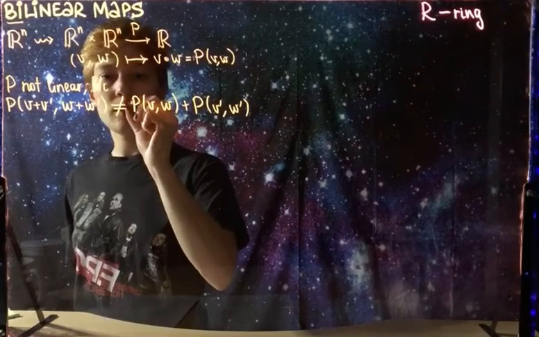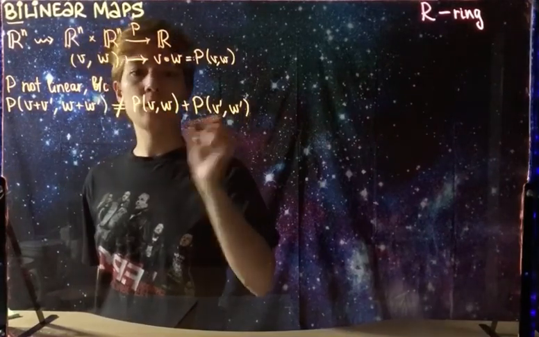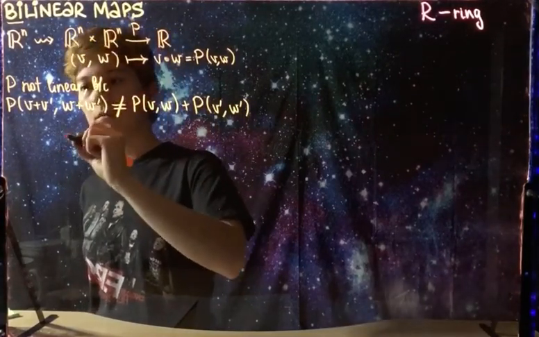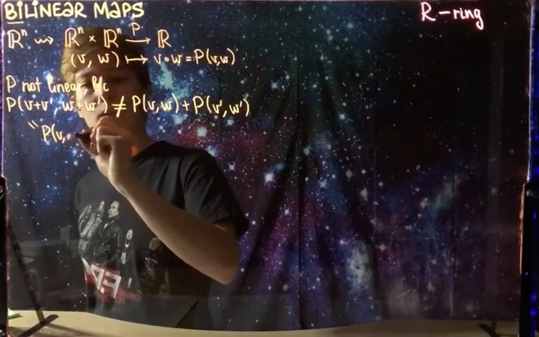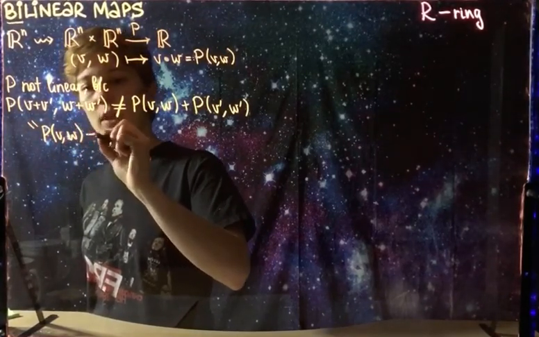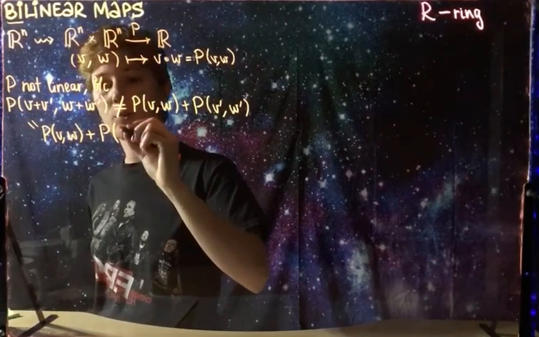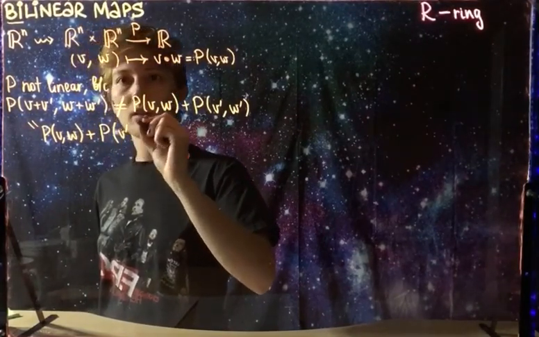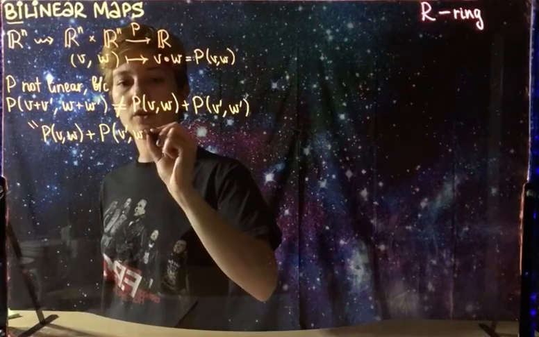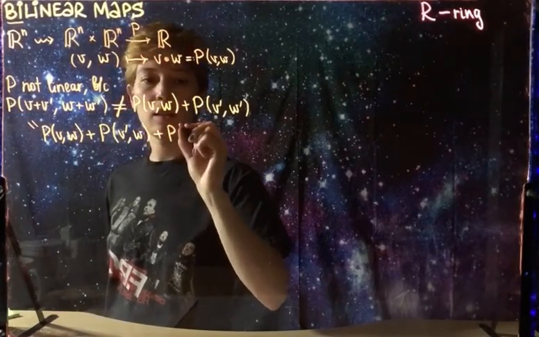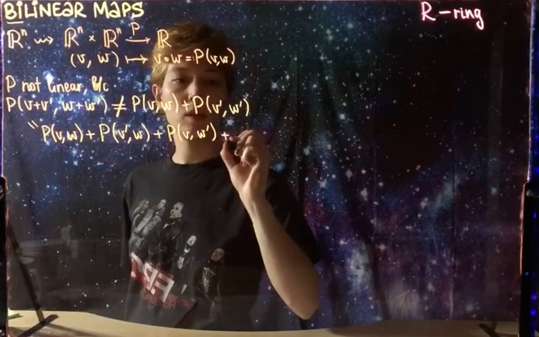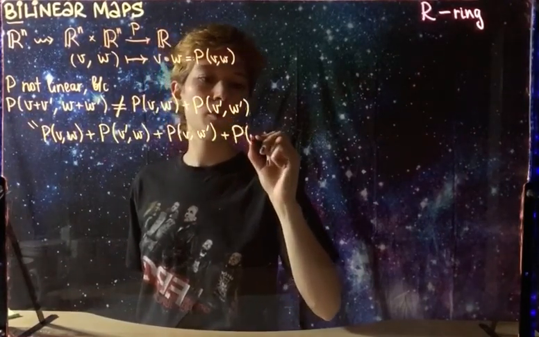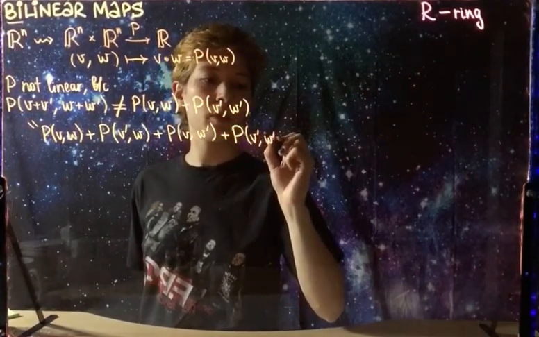In general, it is not equal because we also get cross terms. So we have P of (v, w), and we also have the dot product of v prime with w and the dot product of v with w prime, and then P of (v prime, w prime).